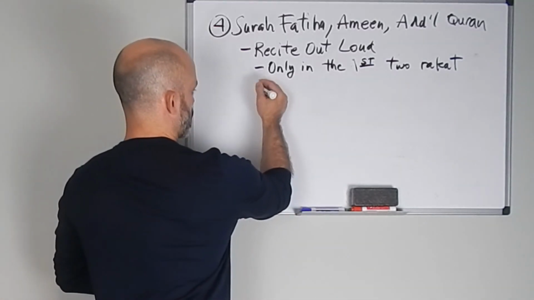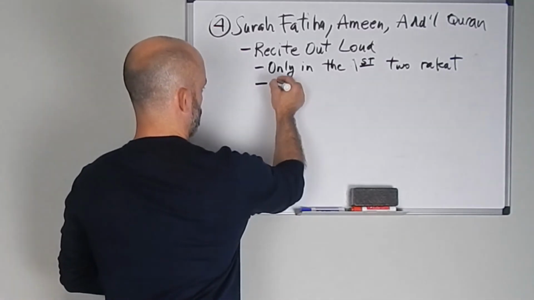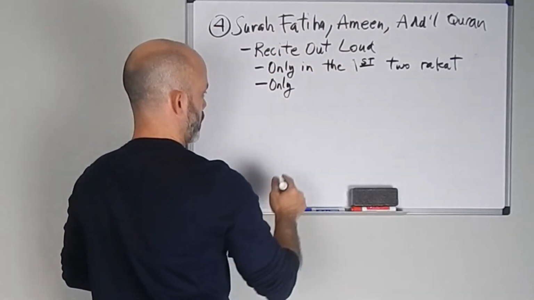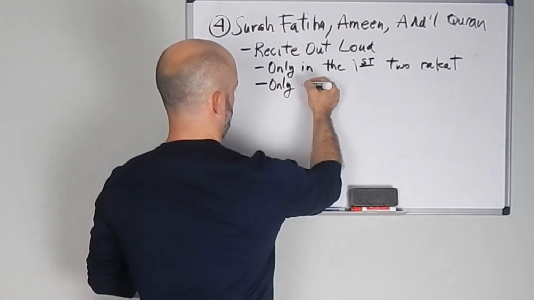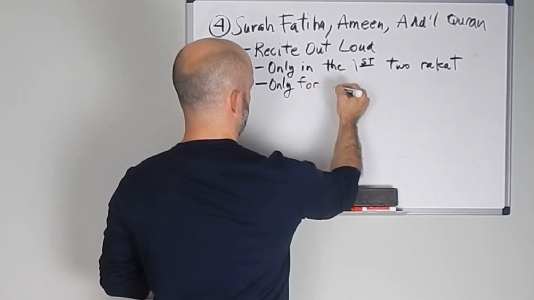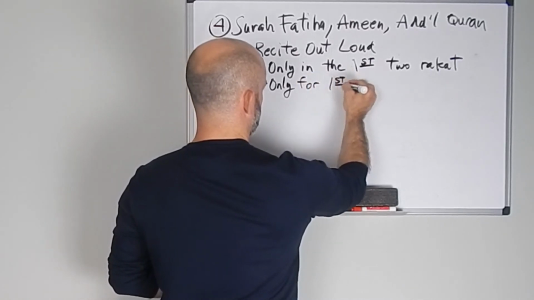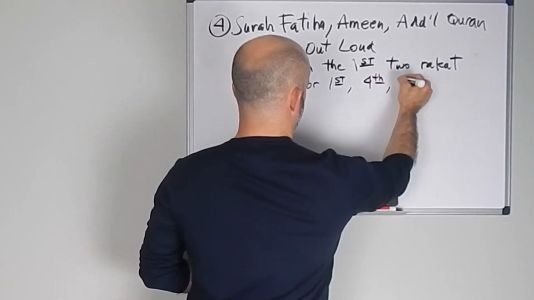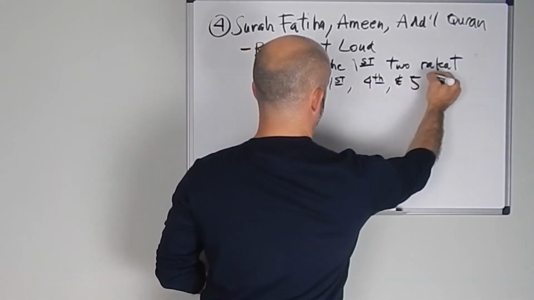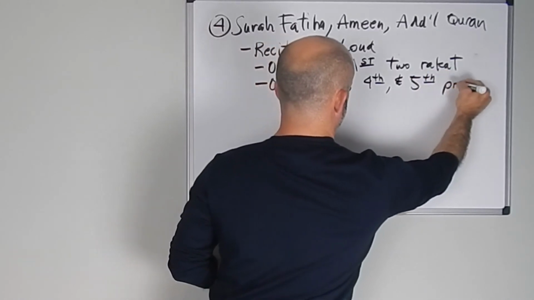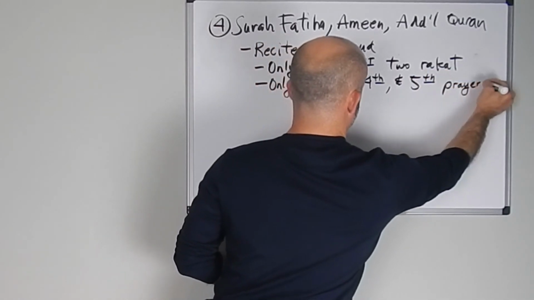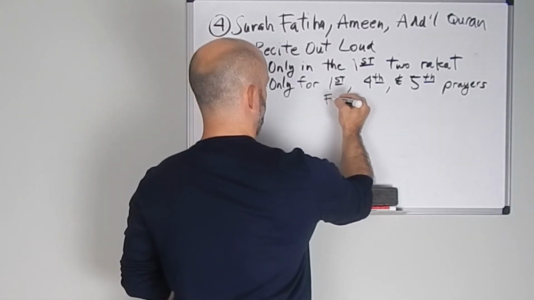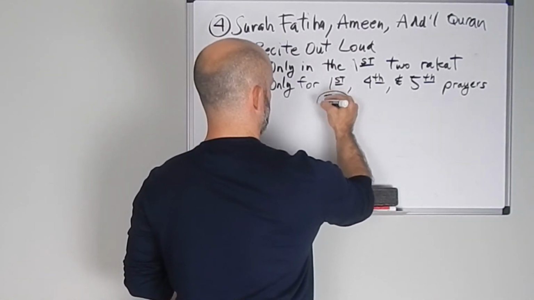Now here's where it starts to get a little tricky. You recite Surah Fatiha, Ameen, and additional Quran out loud only for the 1st, the 4th, and the 5th prayers. So the first prayer is the dawn prayer, Fajr.